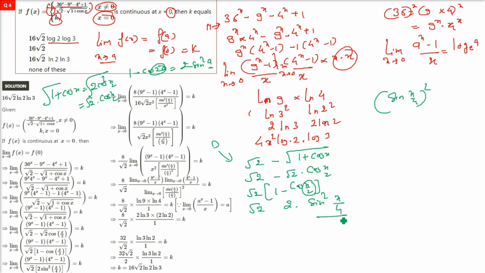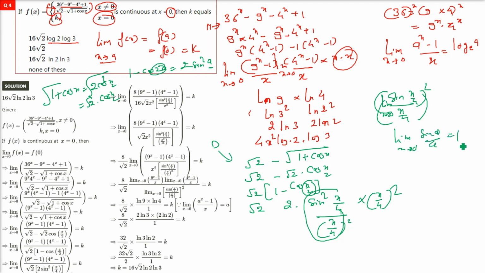So let us introduce the x by 4 whole squared here. So this whole term is simply sin x by 4 divided by x by 4, and it will be square. But it is limit x tends to 0, and sin theta by theta, limit theta tends to 0, is 1. We know already that; in the previous question we have seen. So this is going to be 1.